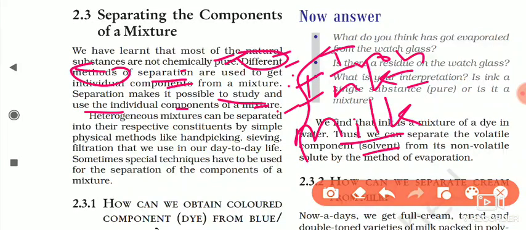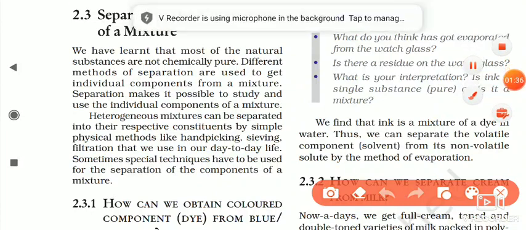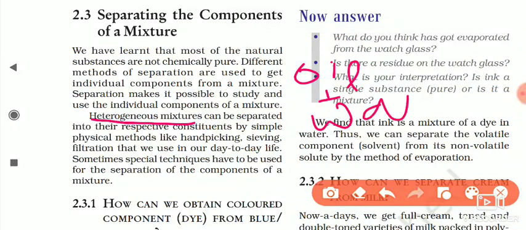Okay, heterogeneous mixtures can be separated into their respective constituents by simple physical methods. Heterogeneous mixture, for example, oil and water.